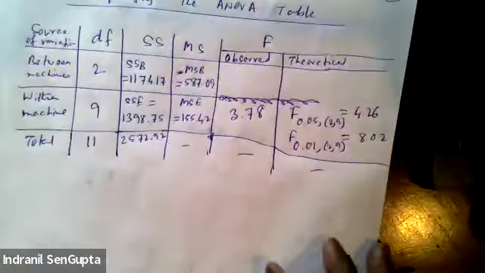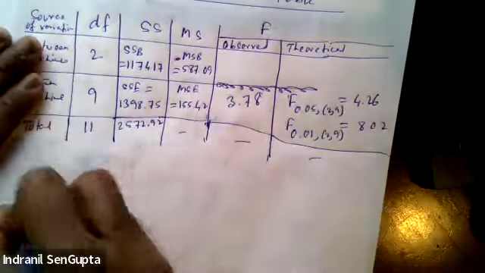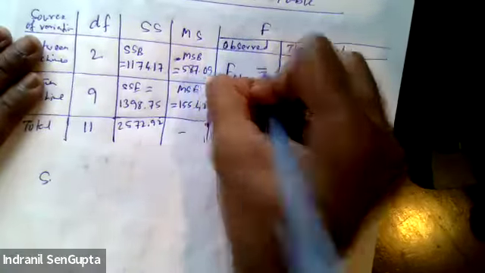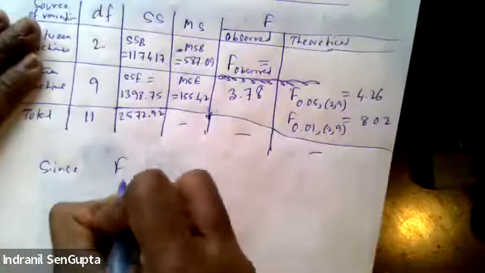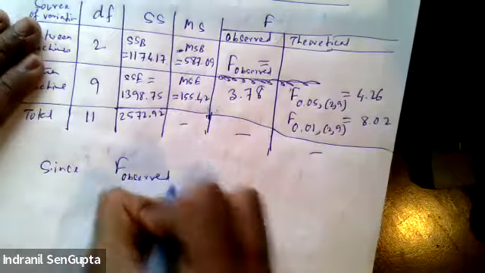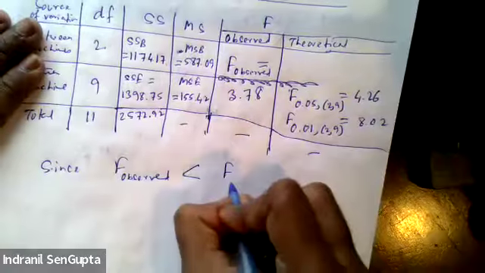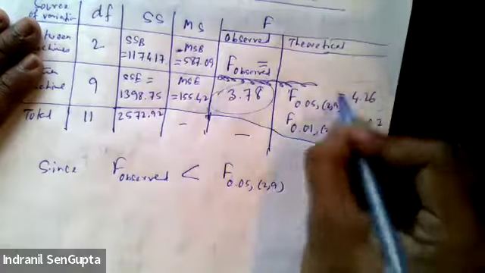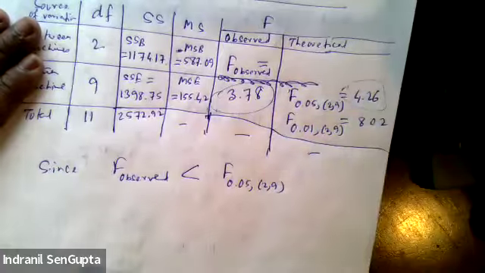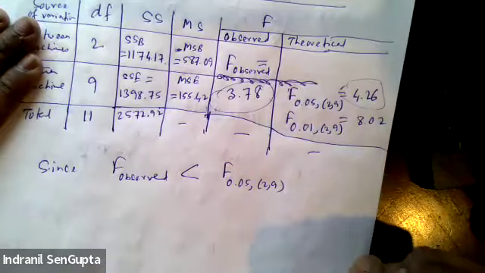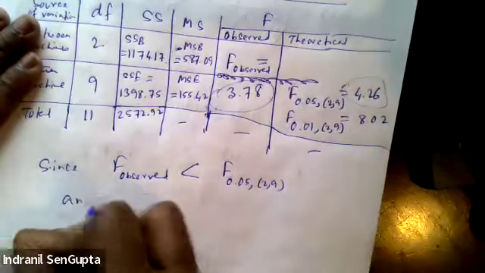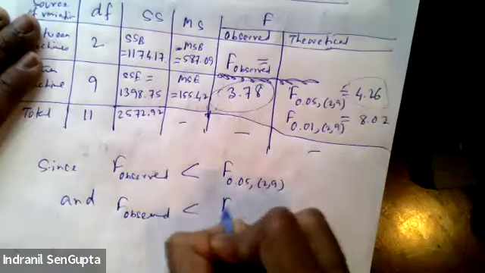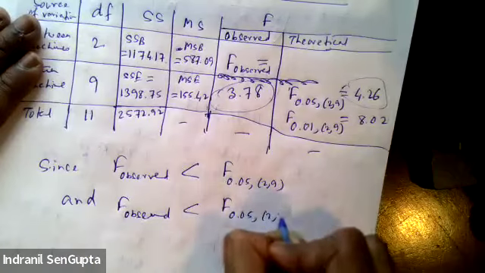Okay, that's the ANOVA table. What do you conclude? Since F observed is less than F at 0.05 with 2 and 9, so this is 3.78 and this is 4.26. And F observed is also less than F at 0.01 with 2 and 9.